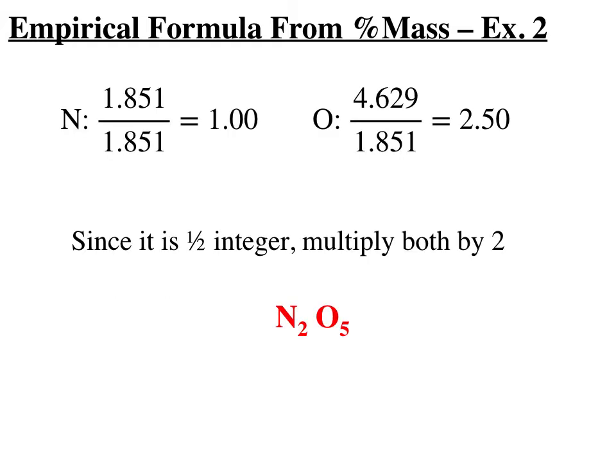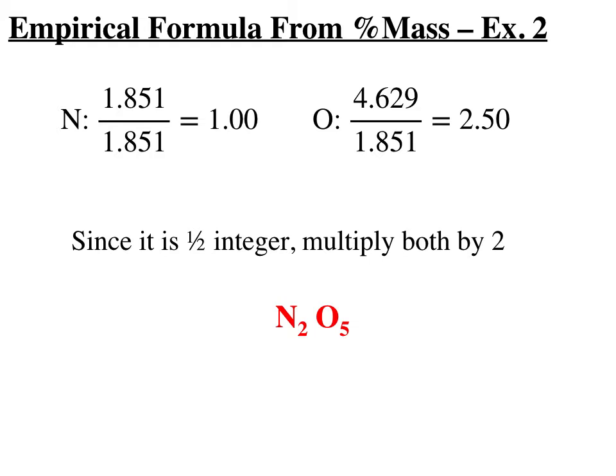Continuing with that problem, what I will do is take the 1.851 moles of N, the smallest of the two, divide both of these numbers of moles by that smallest value, and of course I'll get a 1 ratio for N, so for every 1 N, I find 2.5 moles of O. So now I'm going to claim that the formula is NO 2.5. Well, guess what?